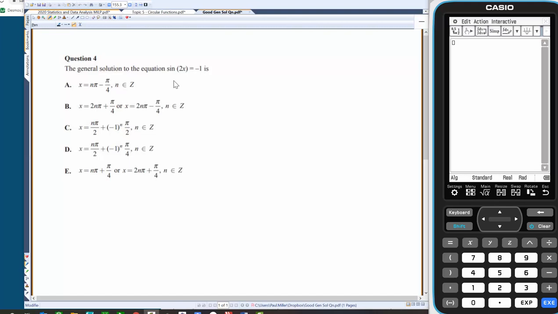All right, so what we're doing is the general solution to this. So we want to know when sine 2x is equal to -1. So sine is equal to -1 there at 3 pi on 2. So what's going to happen is if we go around the unit circle one more time, it's always going to be at that one spot, that 3 pi on 2.